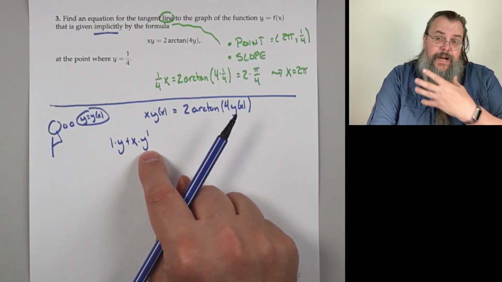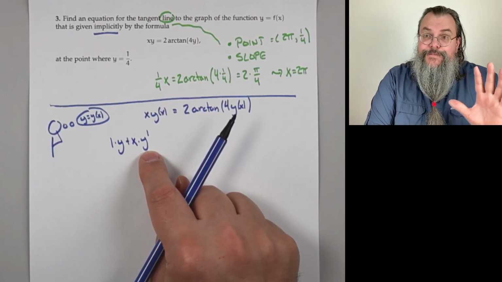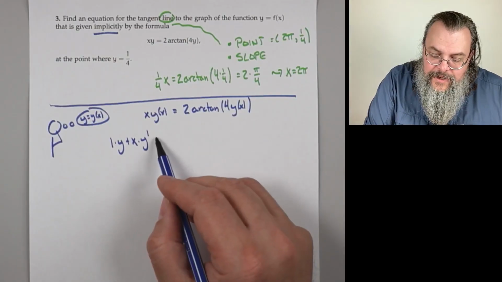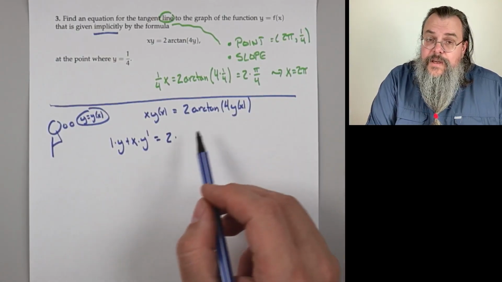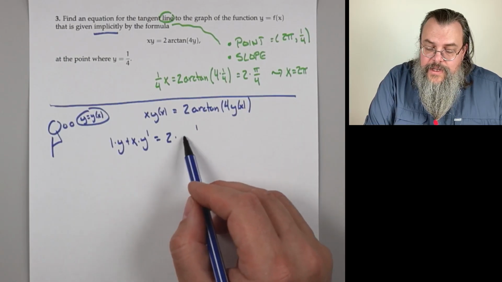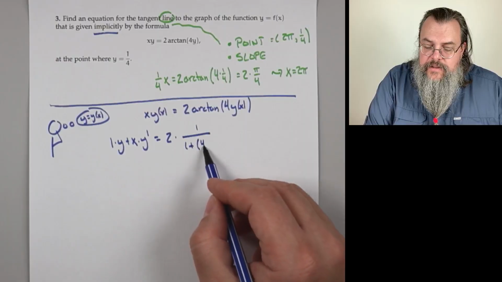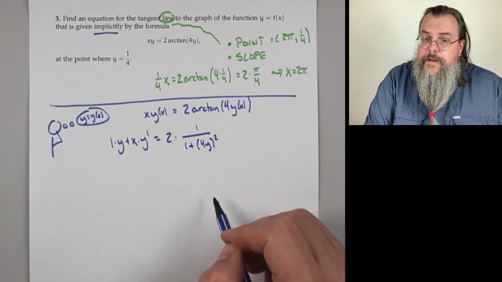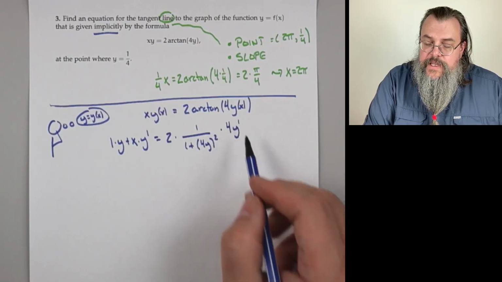I can just say, I denote y prime with this symbol called y prime. Over here, well, we have the 2. Now, arctangent of something. Chain rule. 1 over 1 plus the inside squared times the derivative of the inside.